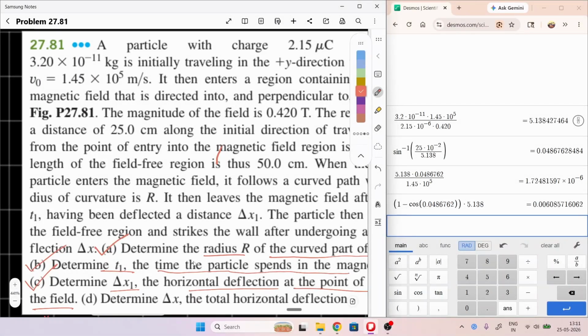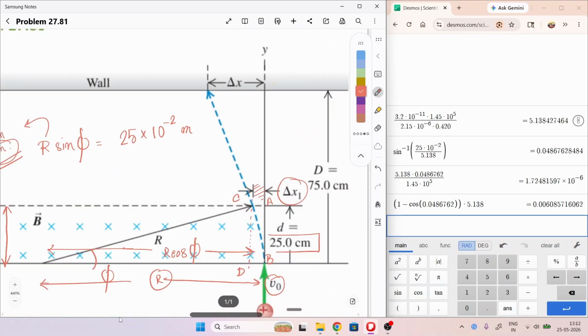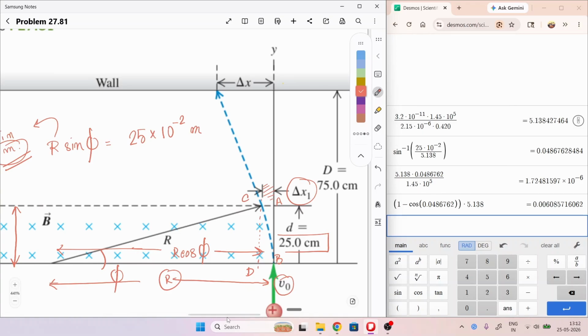In the fourth problem, and it is the last problem here, determine delta x, the total horizontal deflection. If we see the diagram, then we can see that this delta x includes this small deflection delta x1 as well. Let's assume that this part is del. So we can say that delta x equals del plus delta x1.